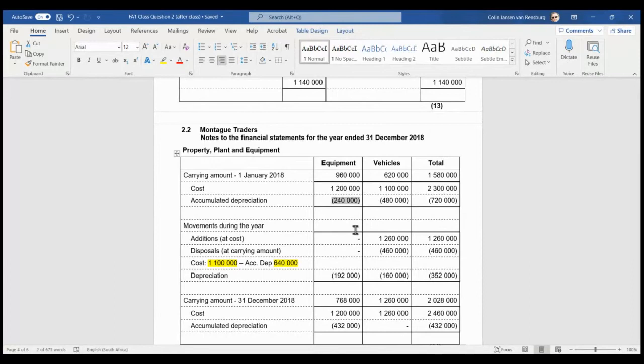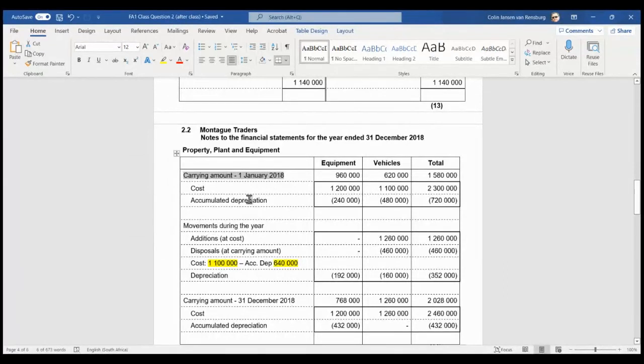And that really is why accumulated depreciation is sometimes described as a negative asset, right? So there we go. We deduct the accumulated depreciation opening balance from the opening balance of the cost at the beginning of the year. That then gives us the carrying amount for equipment, that category of PPE, at the beginning of the year. And there we've got to go and describe it, ladies and gentlemen.